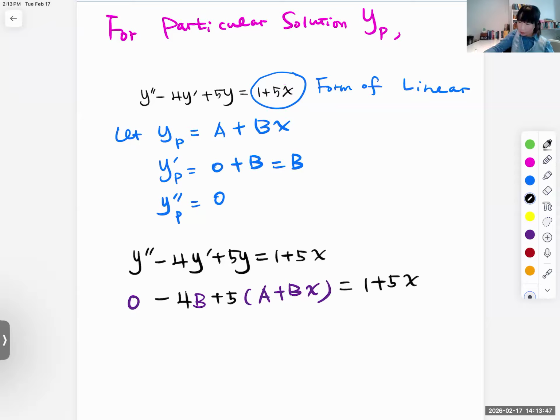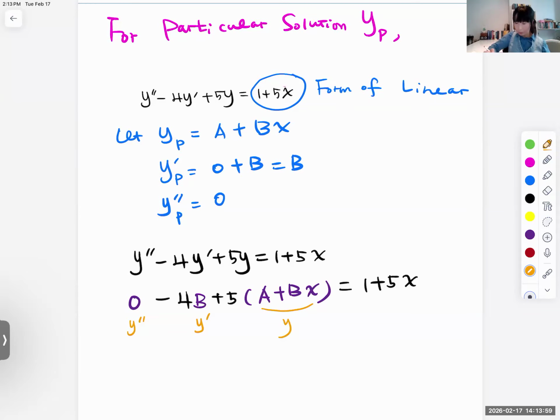So this is y second prime, this is y prime, and this is y.